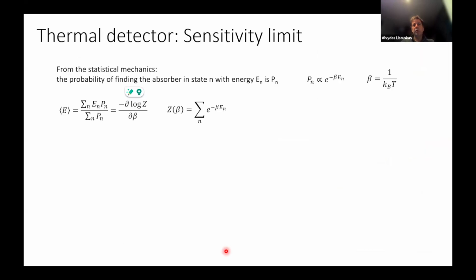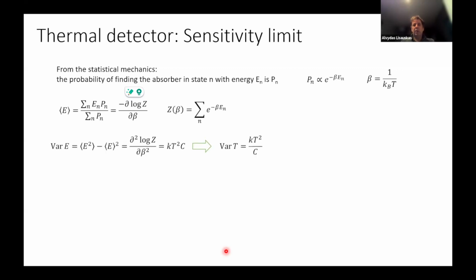Now, if you would like to identify the thermal sensitivity, it is also very nicely described by statistics. One approach is just having the probability of fluctuations of the enthalpy.